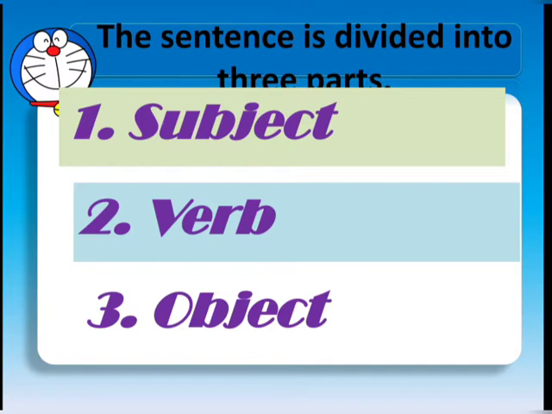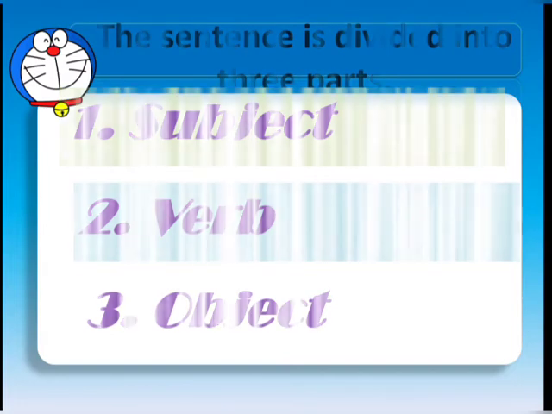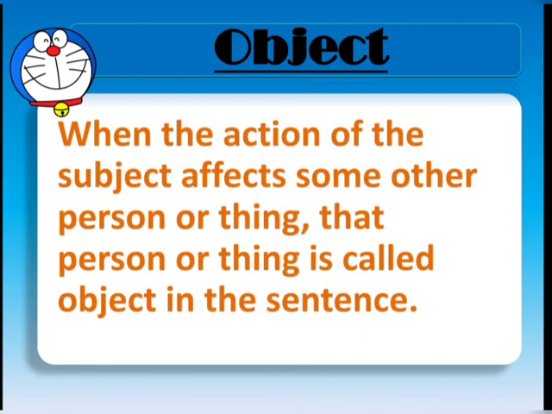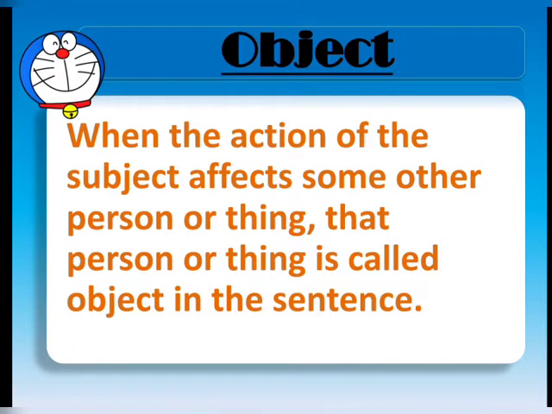Now let's talk about what is object in a sentence. This is the definition: when the action of the subject affects some other person or thing, that person or thing is called object in the sentence. Now, what does it mean?